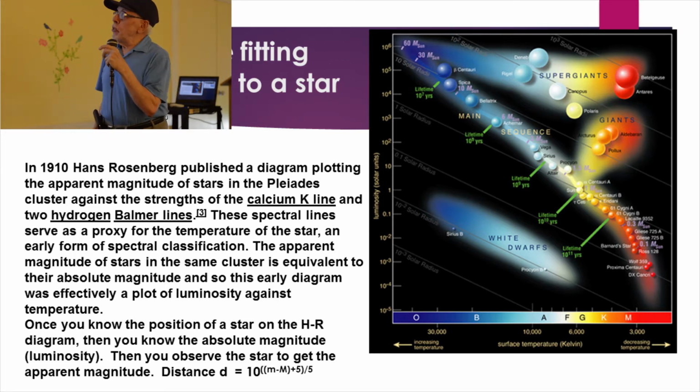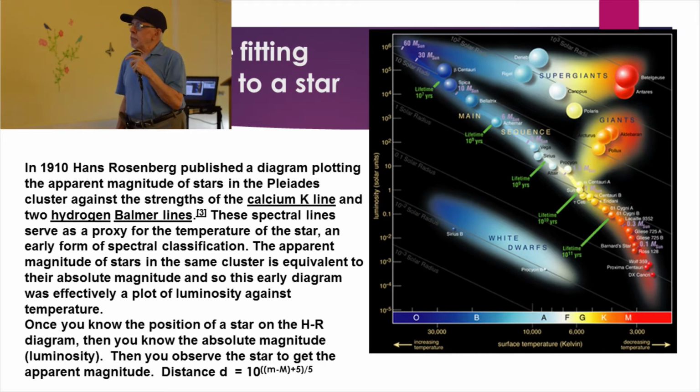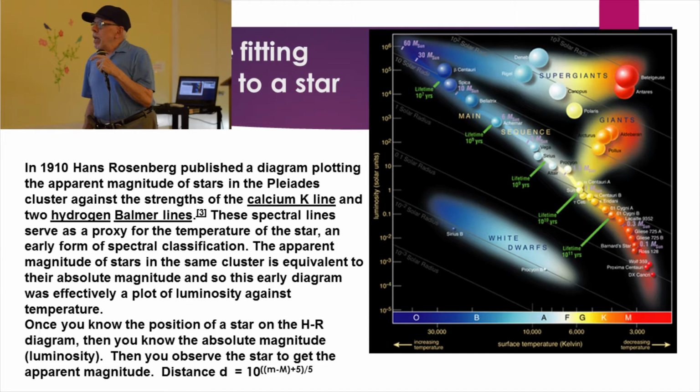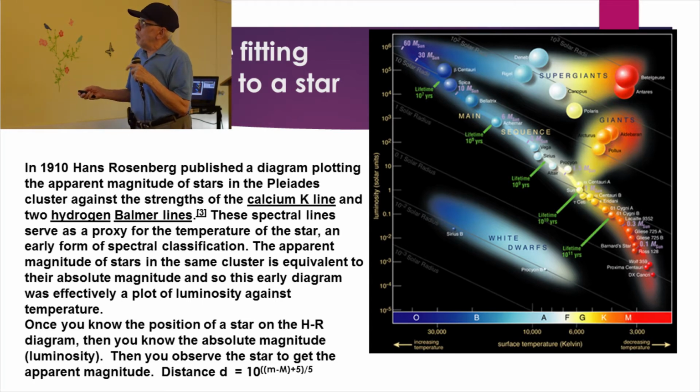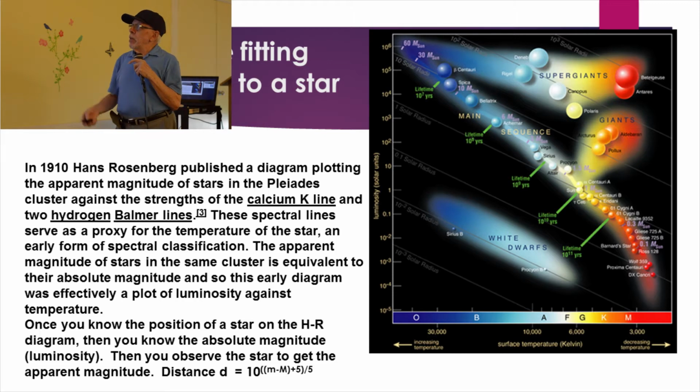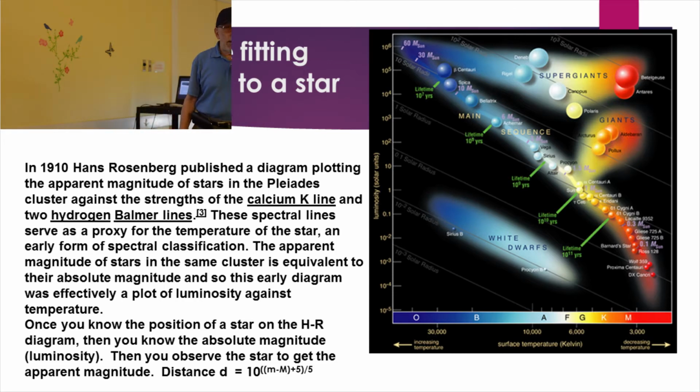So if the star is too far away to use parallax, we can use what is called main sequence fitting, okay? If we plot the surface temperature of the star against luminosity, we find that most stars lie in what is called the main sequence. Amazingly, almost a straight line, if we plot it on a graph.